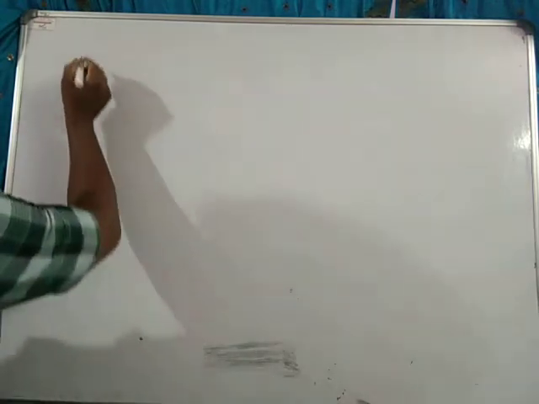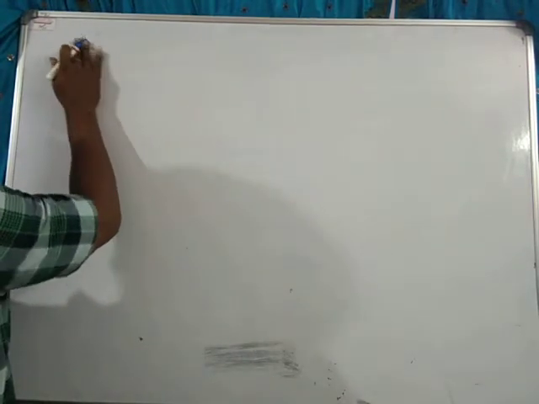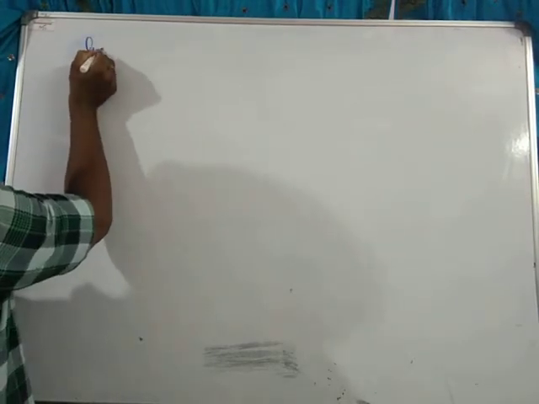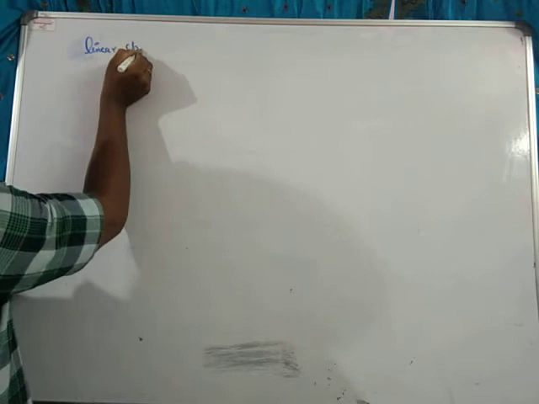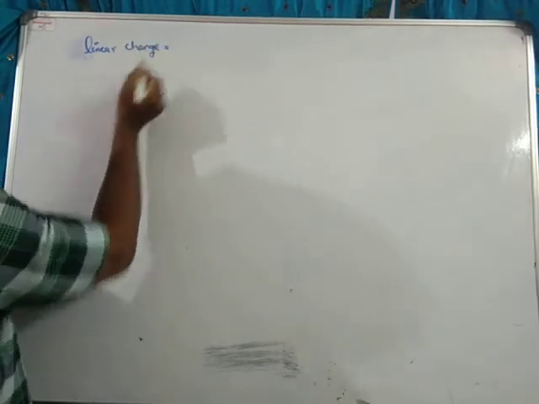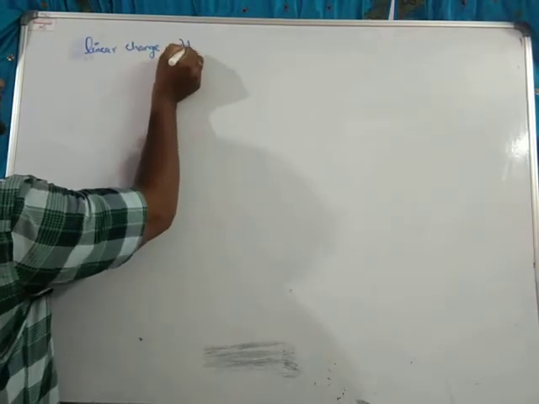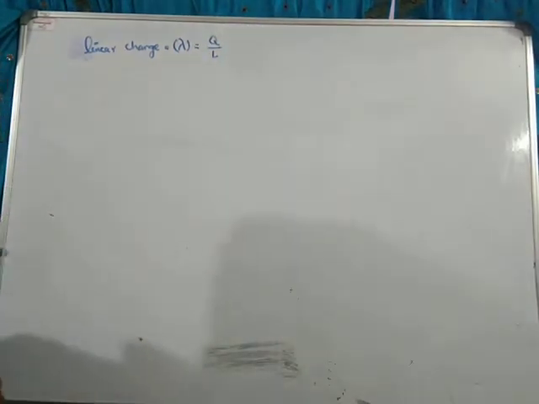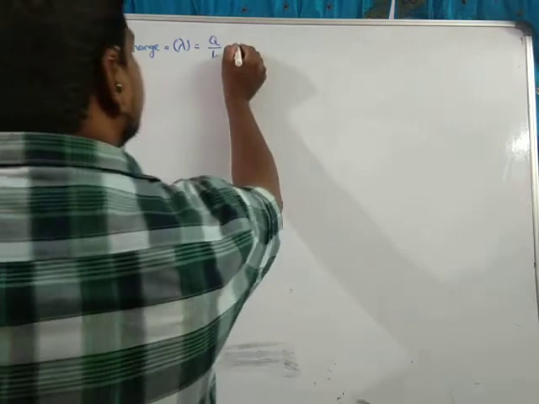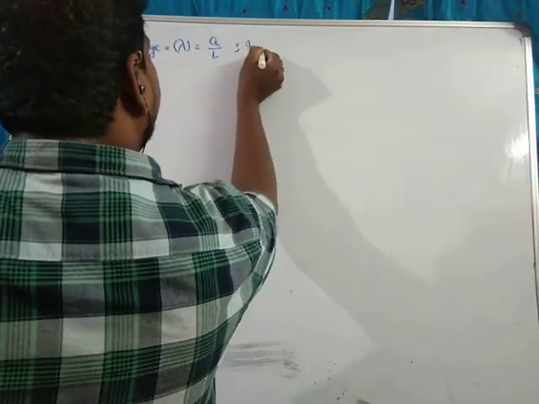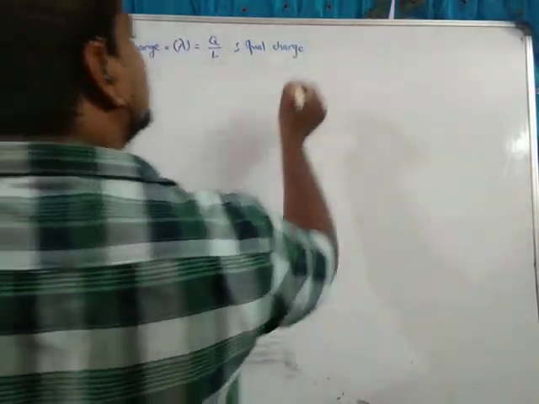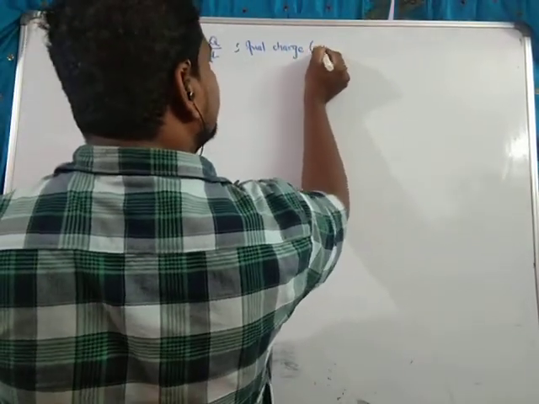So we studied three types of distributions. The first one, linear charge distribution, is denoted with lambda. Lambda is equal to charge upon length. The next one, area charge distribution, is denoted with sigma.